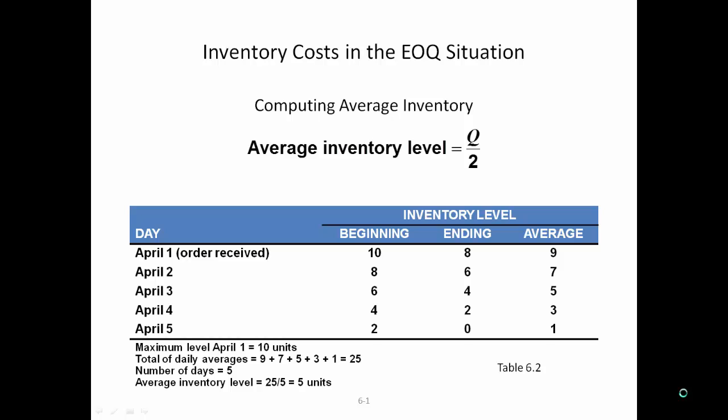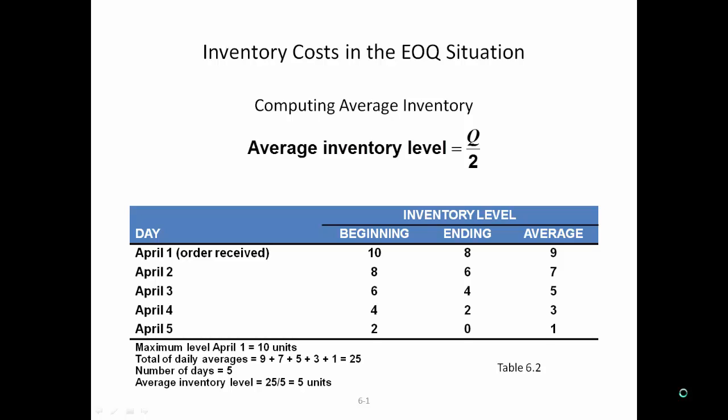If we look at the chart below, you will see that we started April the 1st with our beginning inventory level, and we have our ending inventory, and we have our average by taking 10 plus 8 and dividing by 2, we get 9, and so forth.